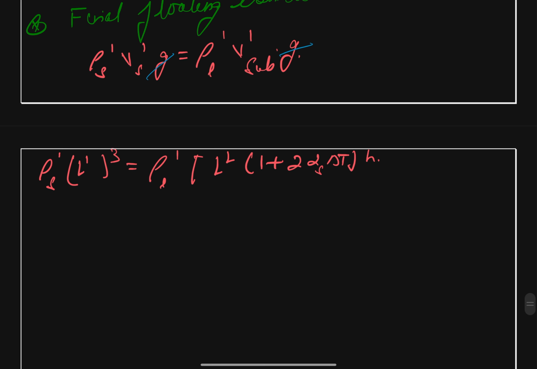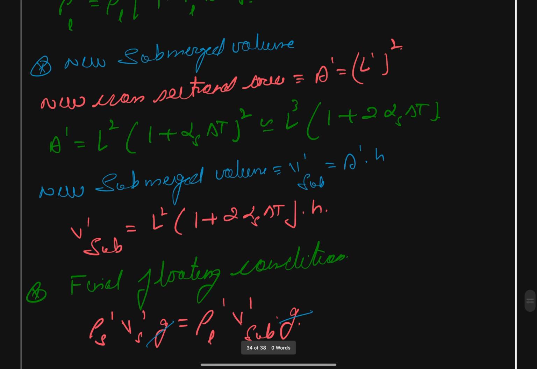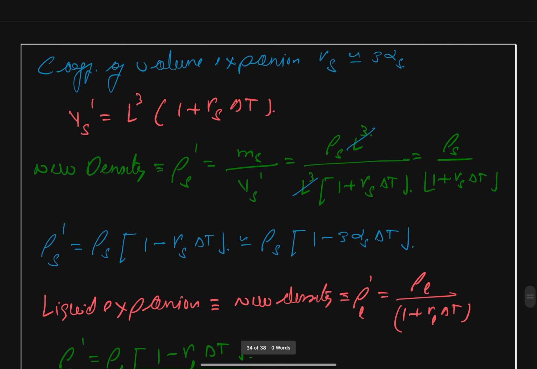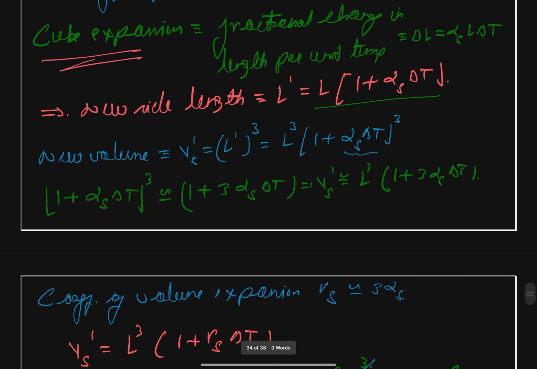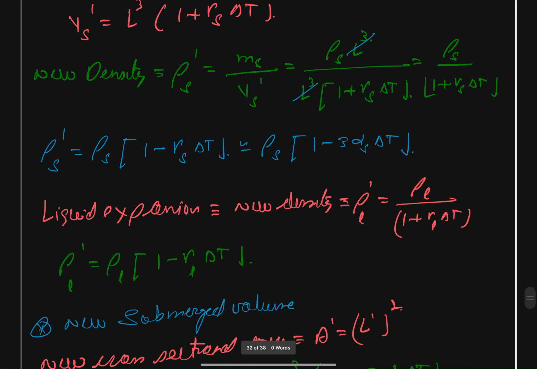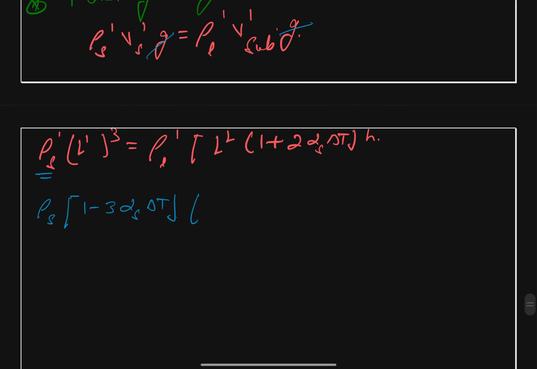Let's substitute all the values. This rho S prime is our rho S times (1 minus 3 alpha S multiplied by delta T), and our L prime is (L plus alpha S) whole cube. Or we can just substitute the volume also, that is one and the same thing.